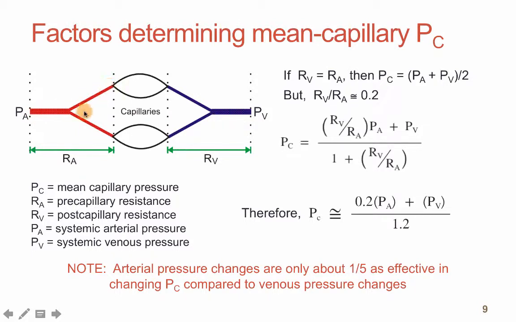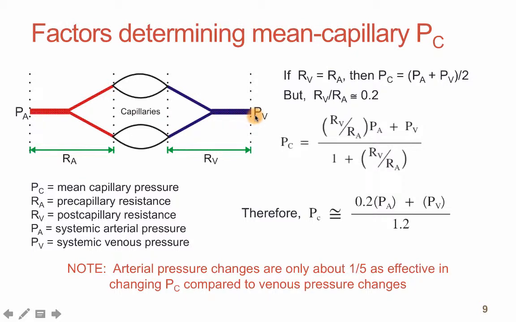These vessels in the red are what we call the resistance vessels that are then providing the flow to the capillary system. And then the capillaries drain into small postcapillary venules and then into larger venules. And in the blue here, this represents the postcapillary resistance to the flow.